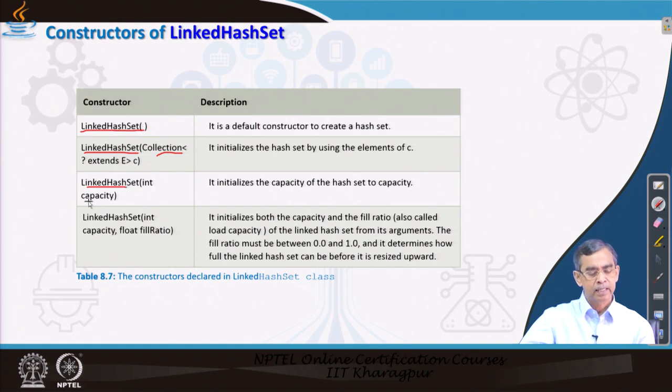Another one gives a capacity as the initial size, and then it also tells, if the linked hash set is to grow automatically, what the fill ratio should be. So, these are the different constructors, and as I already mentioned, all the methods which are there in hash set are also there in linked hash set.